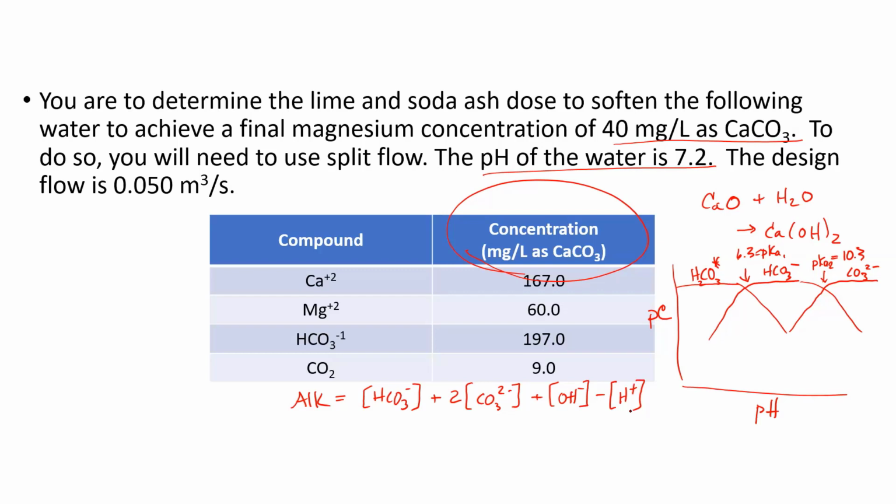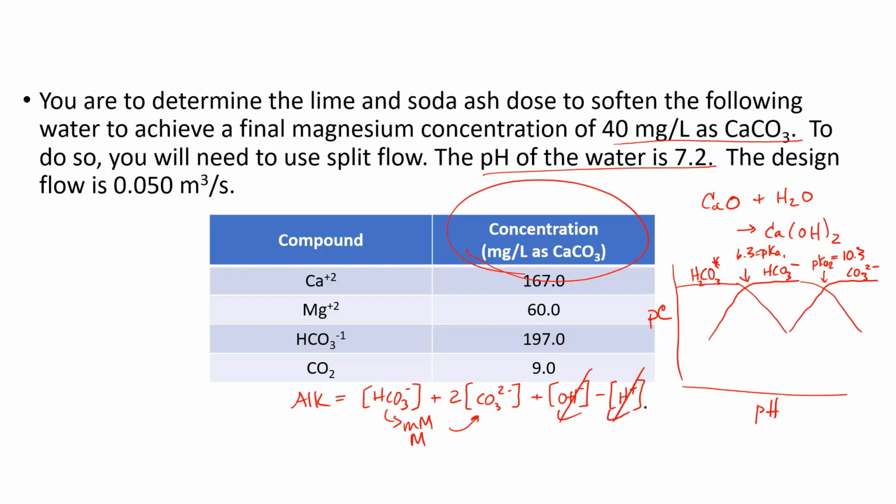So here our concentrations are in either millimolar or molar units. If we look at this pH range around 7.2, then the concentration of OH minus and the concentration of H plus are small, and essentially negligible.